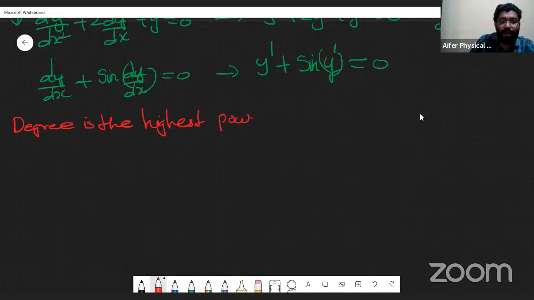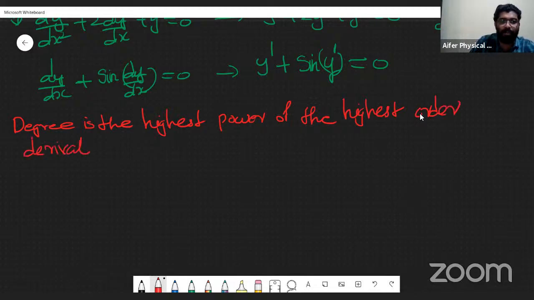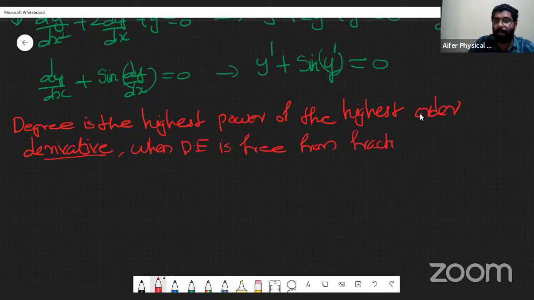Degree is the highest power of the highest order derivative, provided the differential equation is free from fractional powers. Our differential equation should not contain any fractional powers. Then degree is the highest power of the highest order derivative.